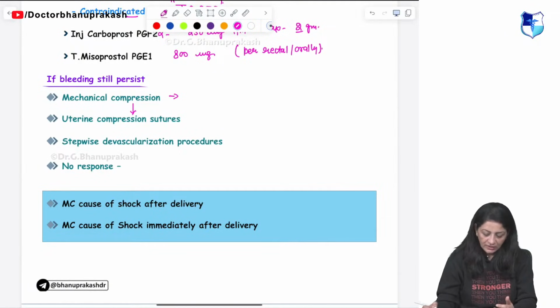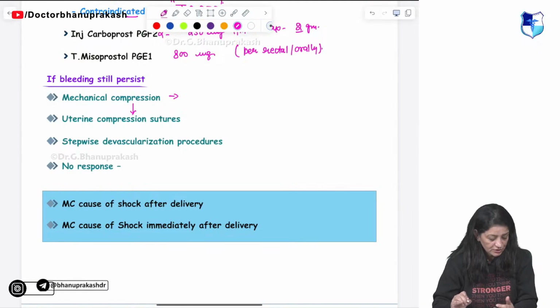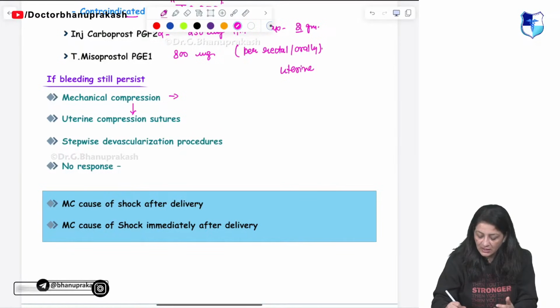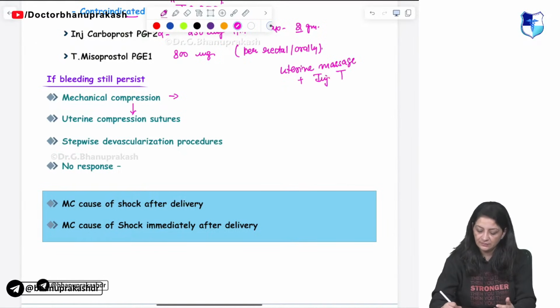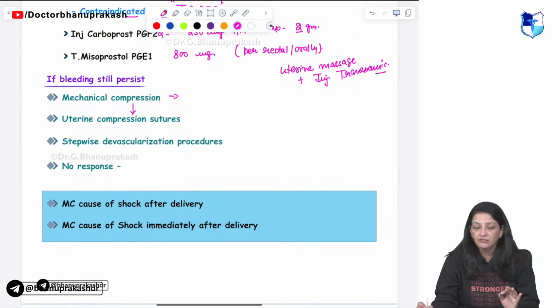First of all, in case of PPH, maternal resuscitation is very, very important. Then uterine massage plus injection tranexamic acid. This is the first step. First we stabilize the patient: resuscitation, uterine massage, tranexamic acid, then uterotonic drugs.